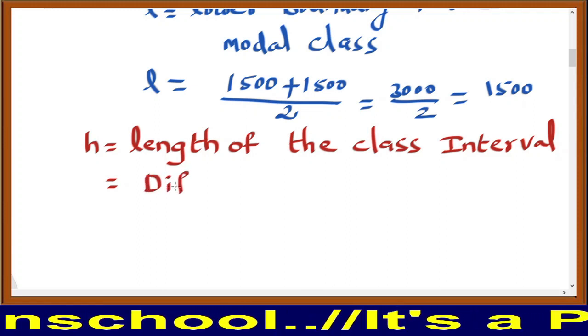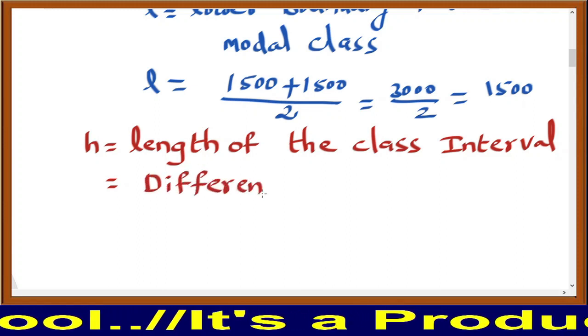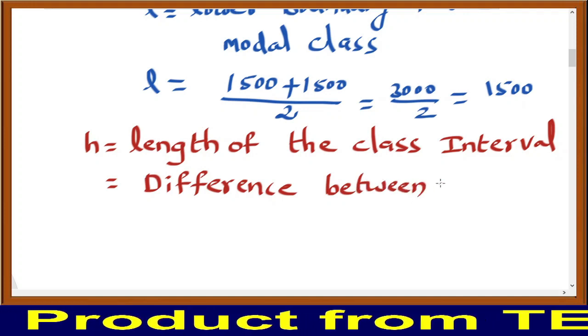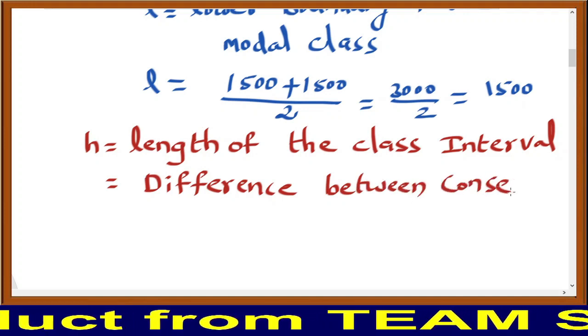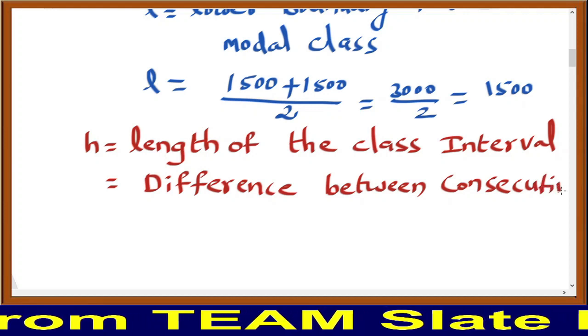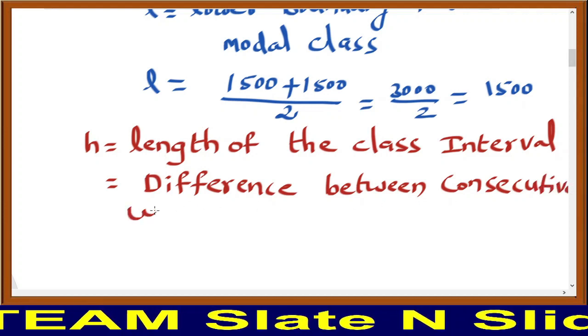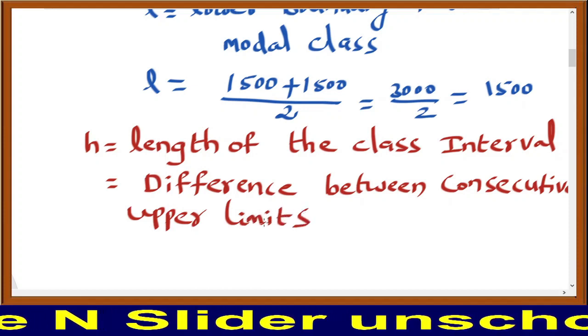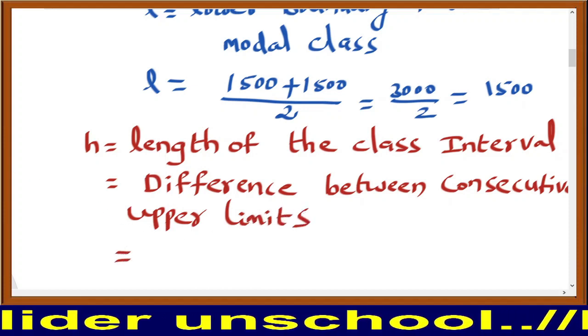It is the difference between consecutive upper limits, or the difference between consecutive lower limits.